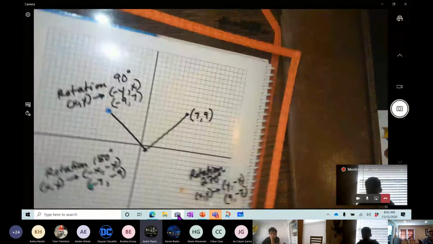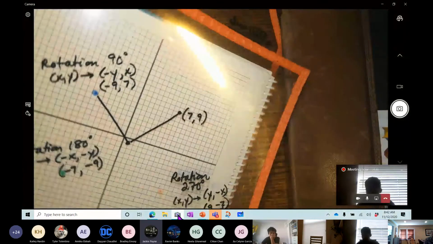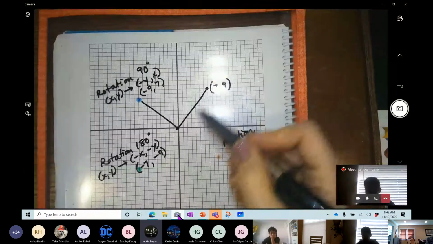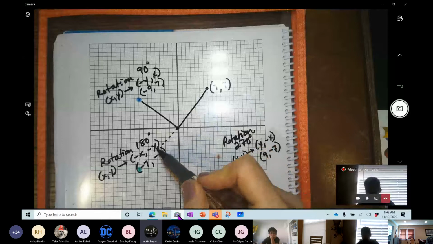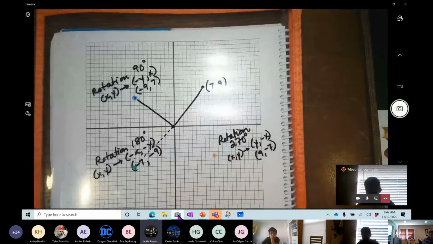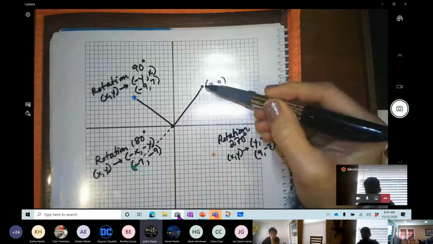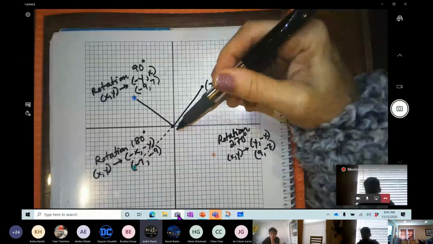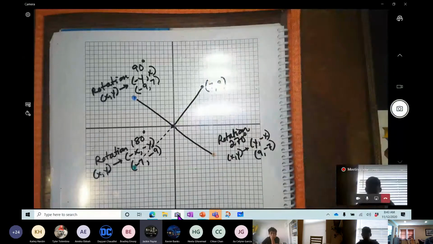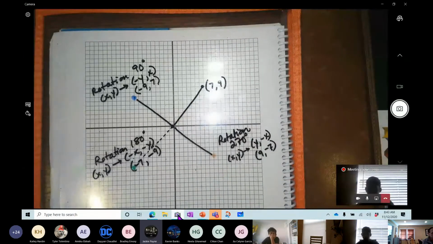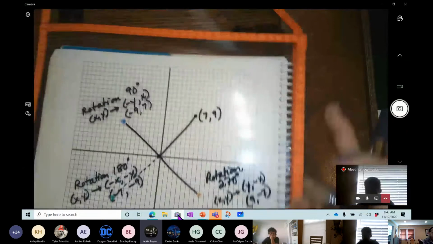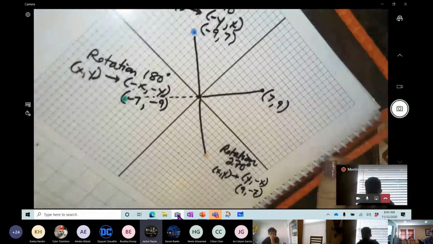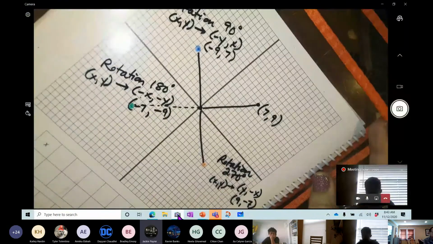Doesn't that look like a 90-degree angle? And from here to here, that's a 180-degree angle. And then from here to here. See, these are all 90-degree angles. If you just turn it a little, now you should be able to see it.